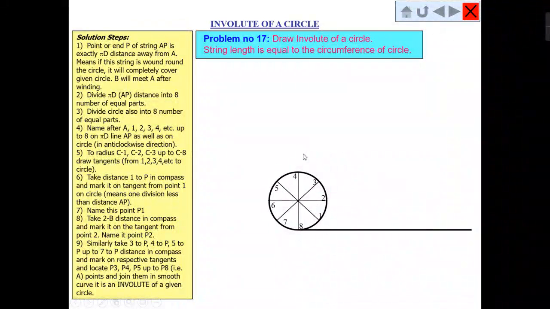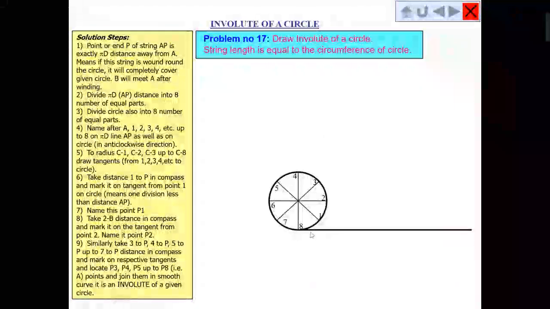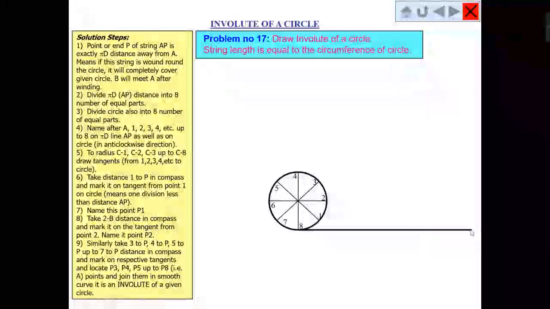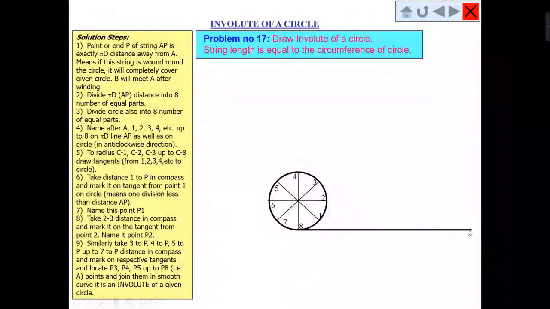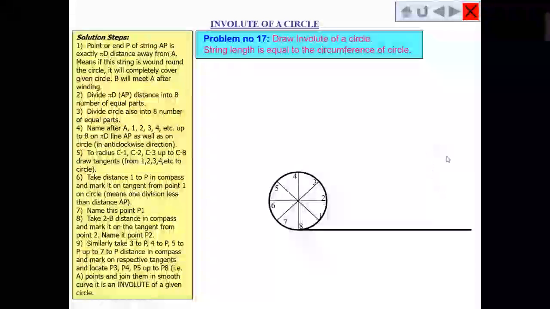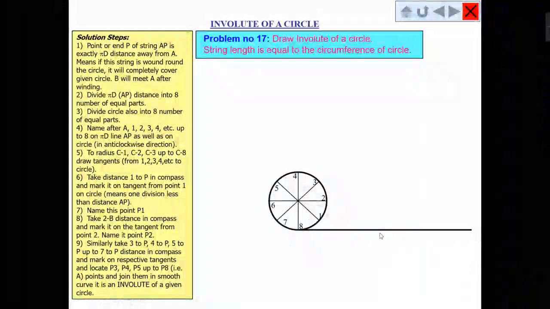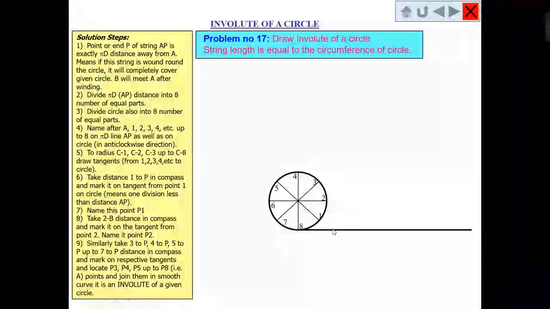Suppose your string is fixed at this point and it is unwound. We have to wind this string around the circle, and this string has a length of pi d, which is nothing but the perimeter of the circle.